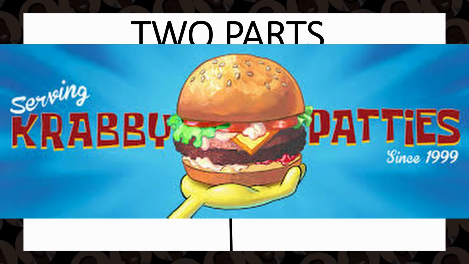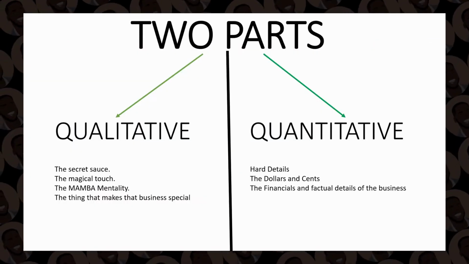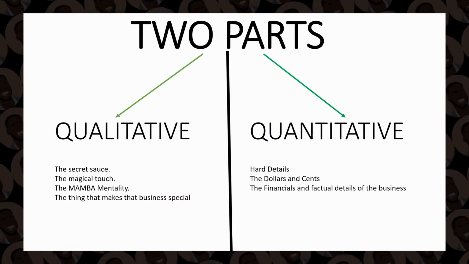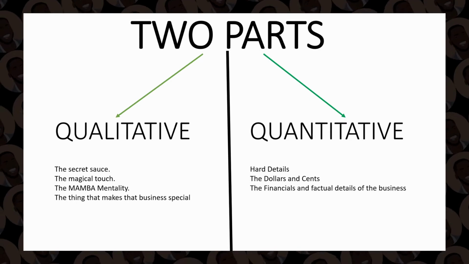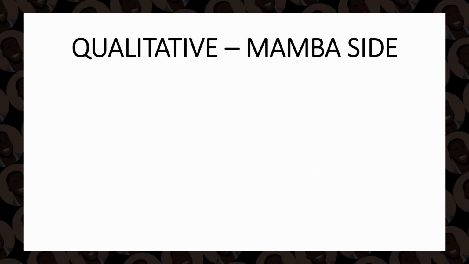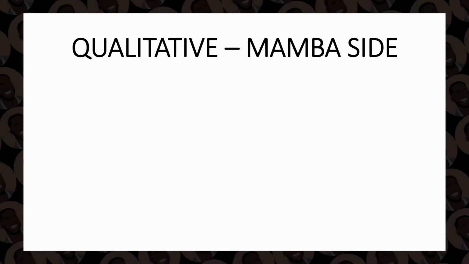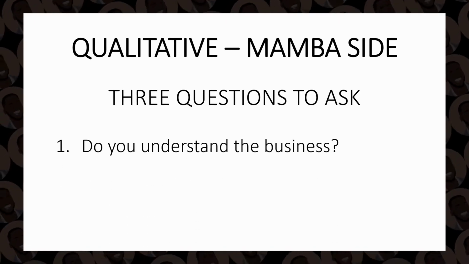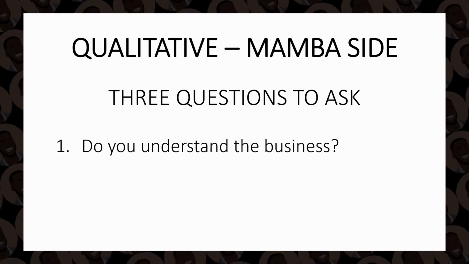This time around, we're going to be focusing on the quantitative part of everything, which is the hard details. It's the dollars and cents that follow that business. It's the underlying things that we're going to be looking at today. Remember, when we talked about the qualitative side of the business, we asked 3 different questions. The first question was, do you understand the business that you're about to invest in?